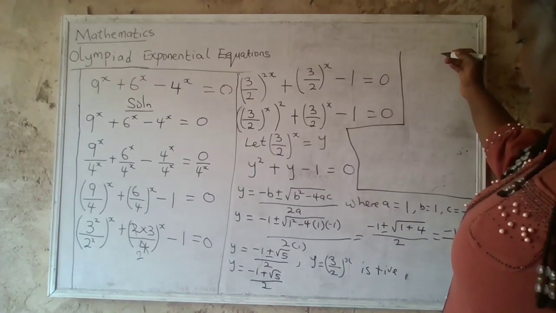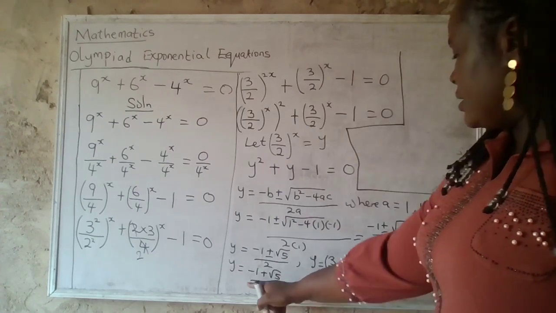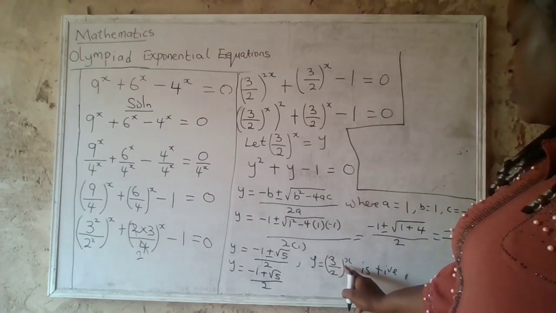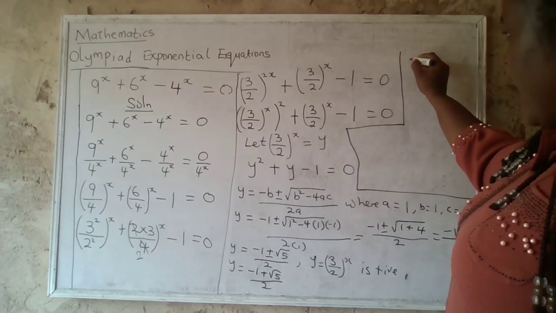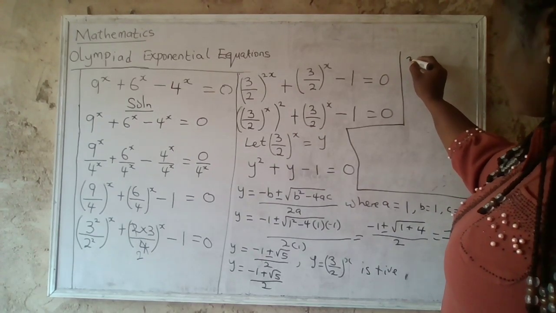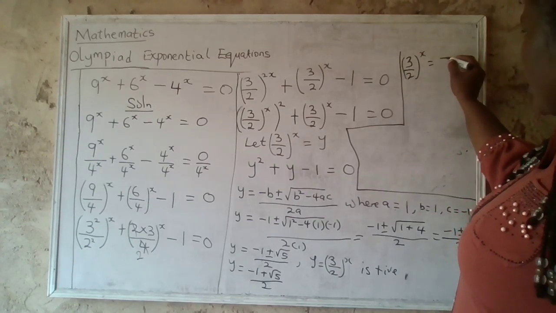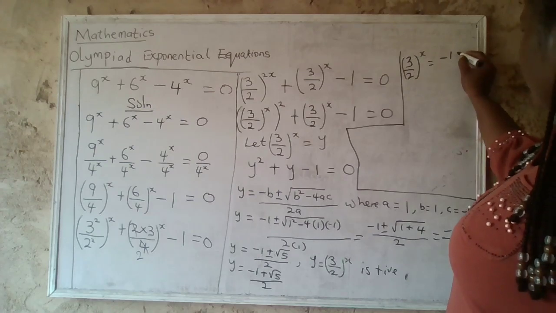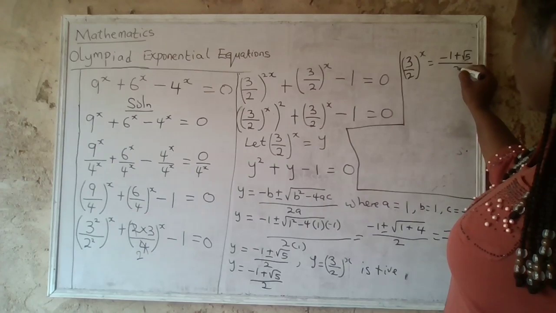So, we can now say that since y is also equal to 3 over 2 raised to power x, we have that 3 over 2 all raised to power x is equal to minus 1 plus root 5 all over 2.